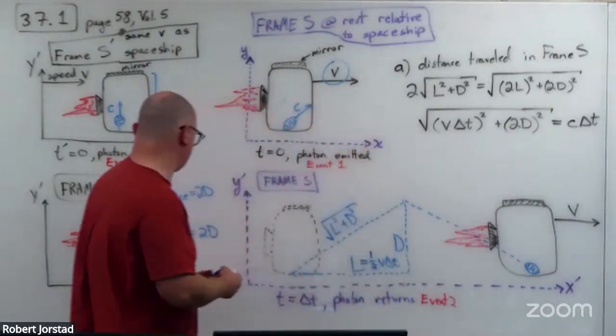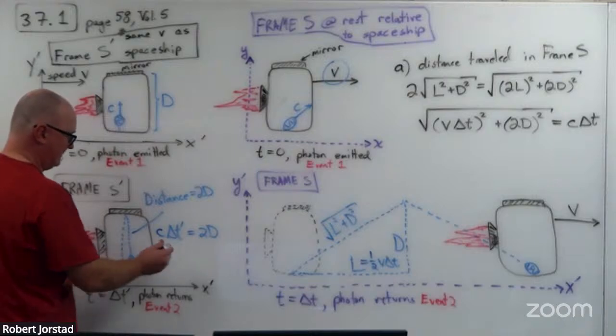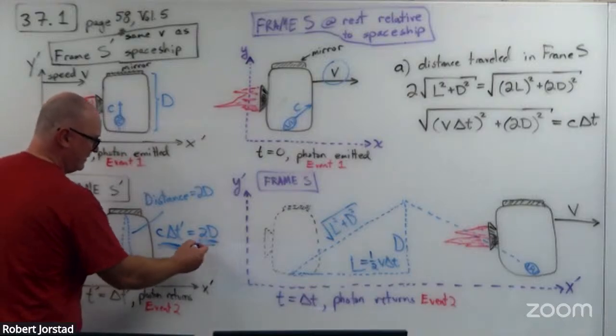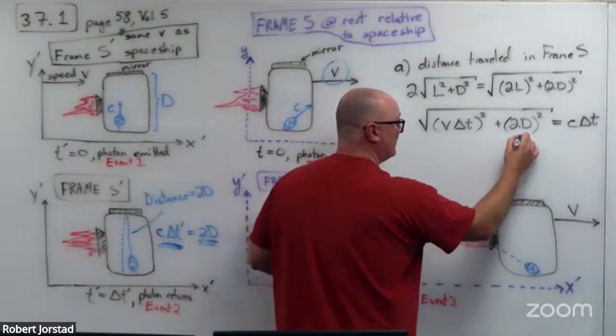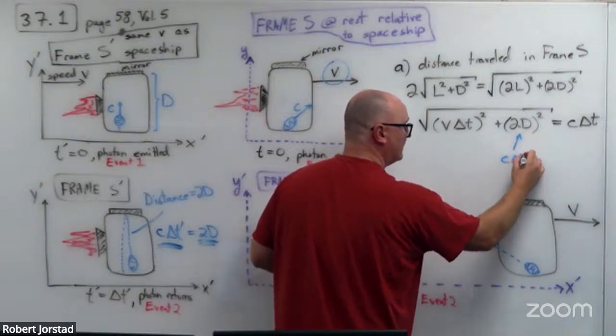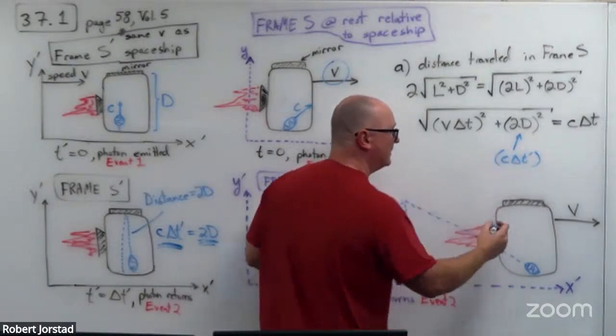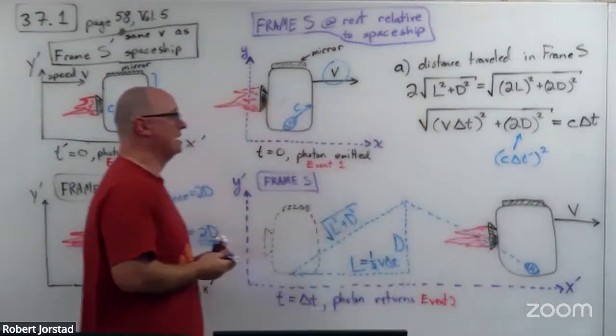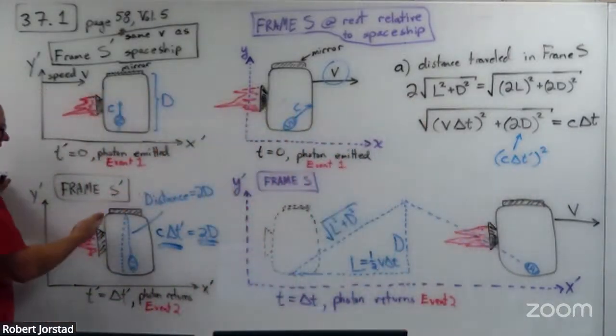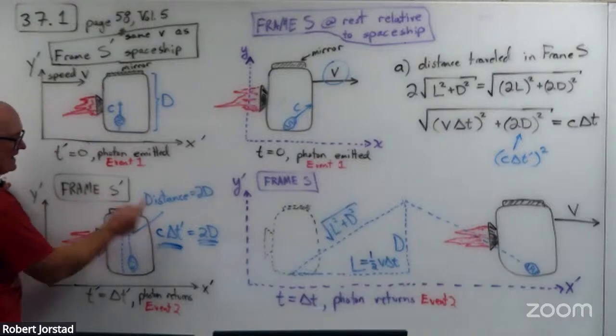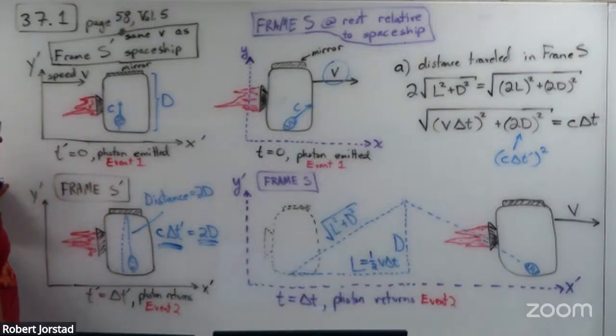And the key here is to do this step. I can see that 2D relates to the primed frame, and that's how I can get this relationship started. So once we get to this step, it's just algebra.